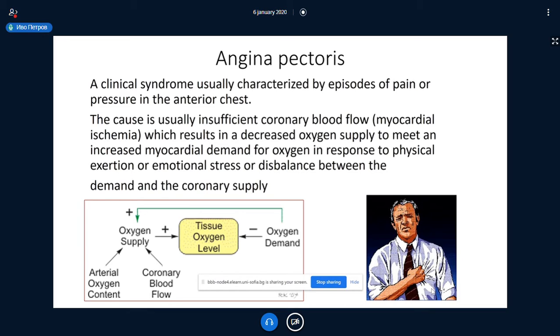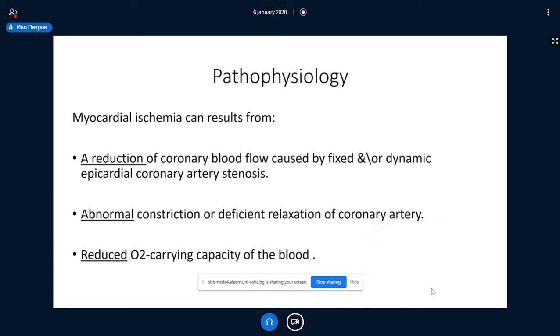And this is the mechanism of tissue oxygen level insufficiency. So in case the oxygen demand is higher and the oxygen supply is lower, definitely this is this balance that is leading to ischemia. In fact, ischemia is lack of perfusion or lack of oxygen and lack of hemoglobin.